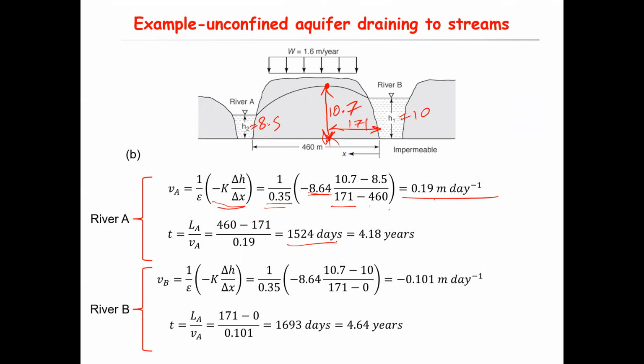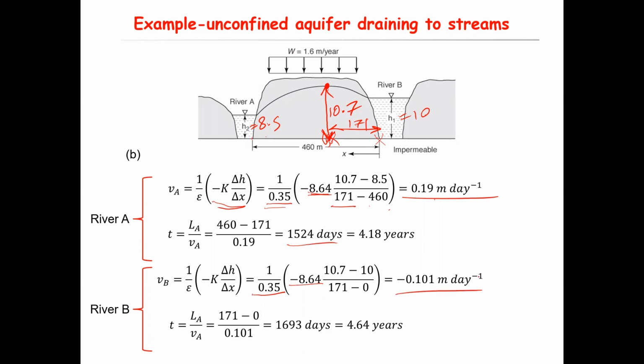And you can do exactly the same for river B, that is VB is equal to 1 divided by porosity, which is given, times minus K, that is given, times delta H over delta X. Delta H here I have 10.7 minus the H1 here is 10, divided by 171, that is the X of this point minus X of this point, and here is at the origin, so that is 0.